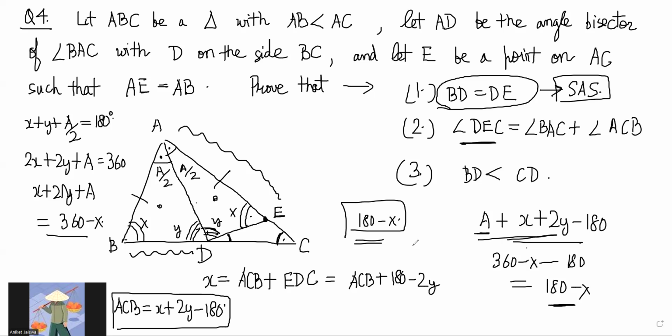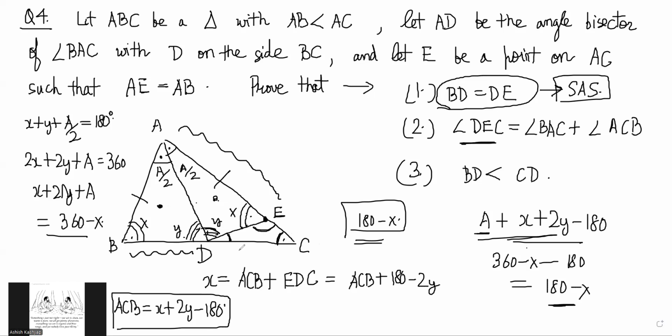So basically all we are doing is the congruency that we did in part 1, from where we put x and y, and then we are doing basic angle finding. Nothing very difficult. And we have basically shown that angle DEC is equal to BAC, which is angle A plus angle ACB.